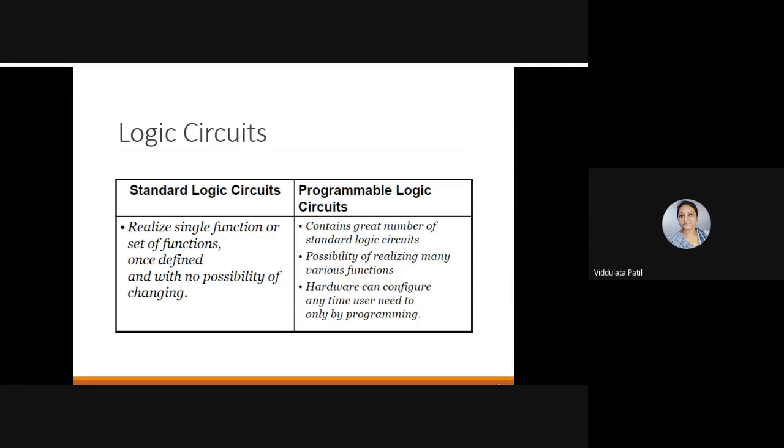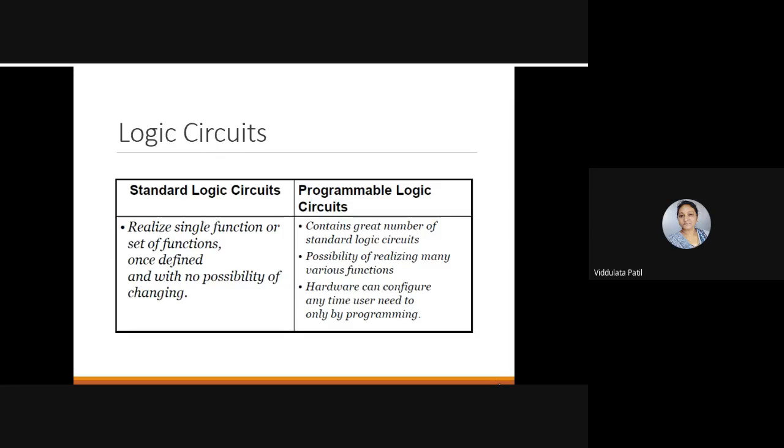Whenever we consider a full adder circuit, we are realizing two functions, so we are designing that circuit for two outputs. One is the sum and the other is the carry. But once we have defined that function, there is no possibility of changing it.